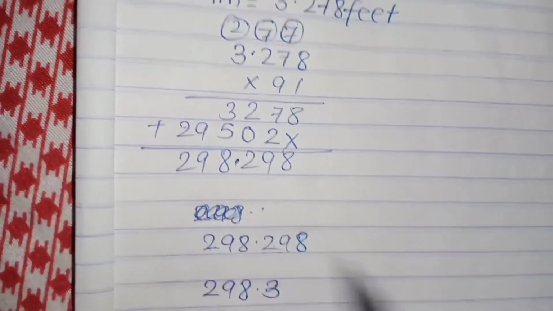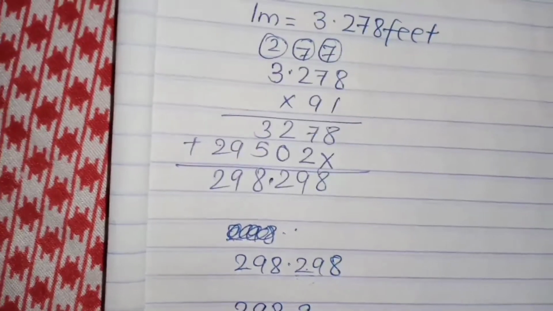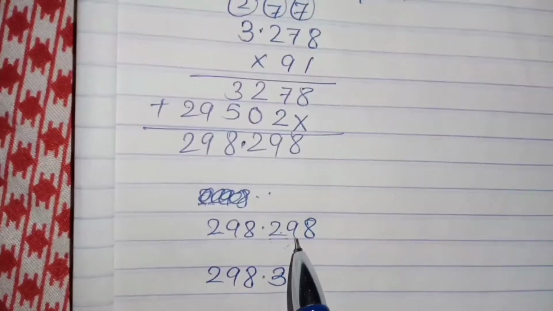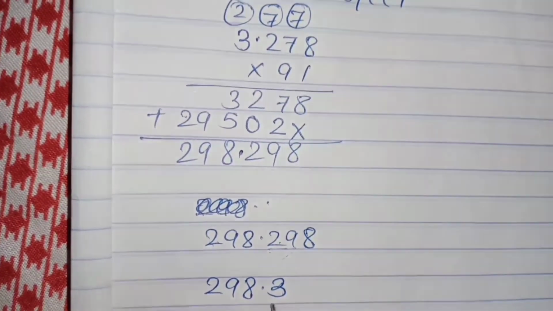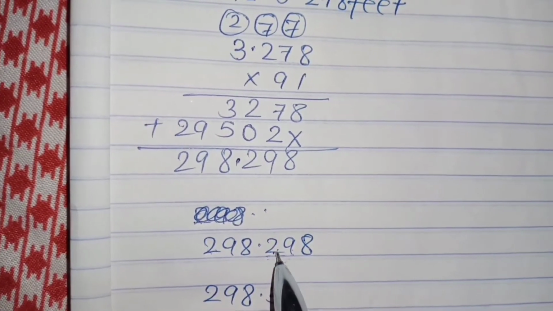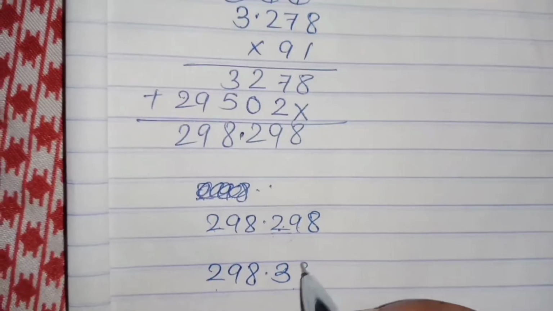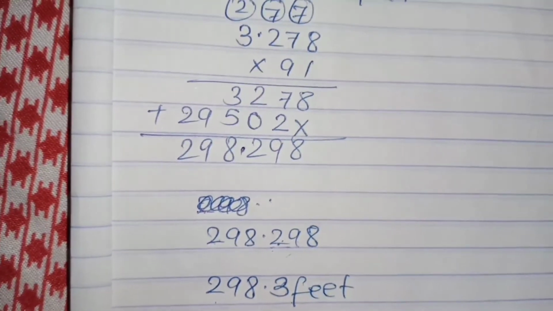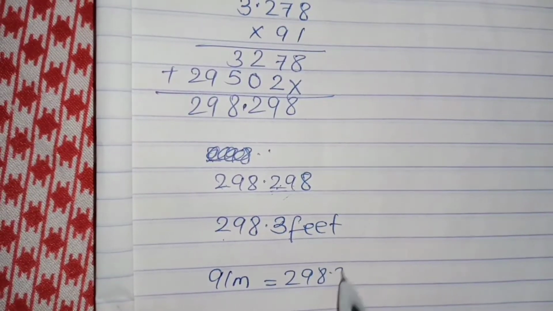It will not be written again, because we want the answer up to 1 decimal place. So 298.3 feet. That means 91 meters is equal to 298.3 feet.